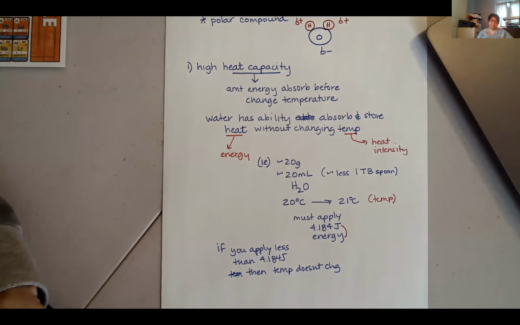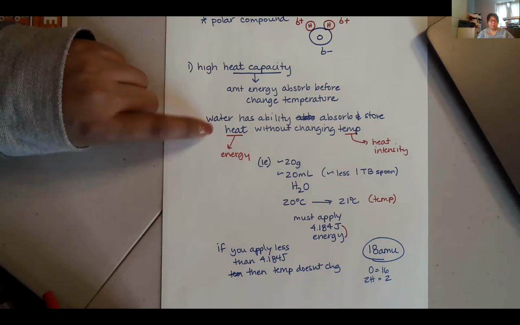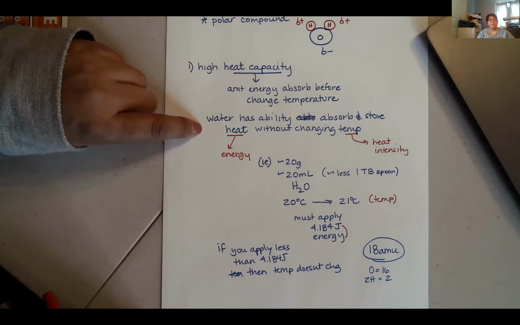In other words, it has an incredible ability to absorb heat without changing temperature. Most other molecules that are about the same size of water cannot do it as well as water can. They have a much lower heat capacity. So yes, water can store heat, but it stores a lot of heat before it changes temperature.